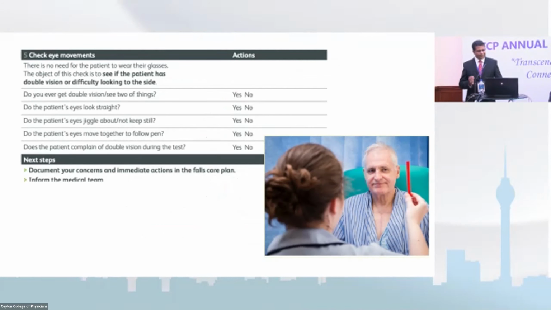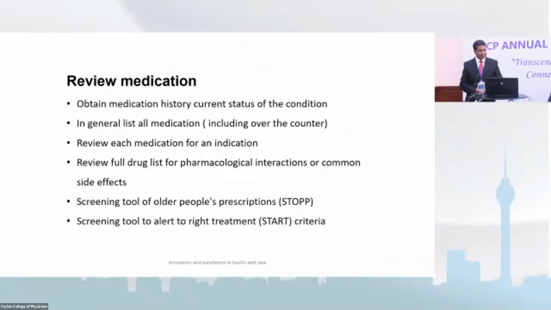Using this red stick, all the vision can be assessed. This can be done at the bedside. It is very important in the elderly patient with falls to assess near vision, distant vision, and ask about his or her visual issues, as well as peripheral vision and eye movements.